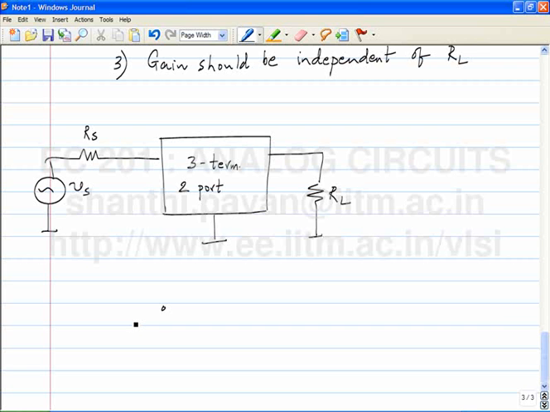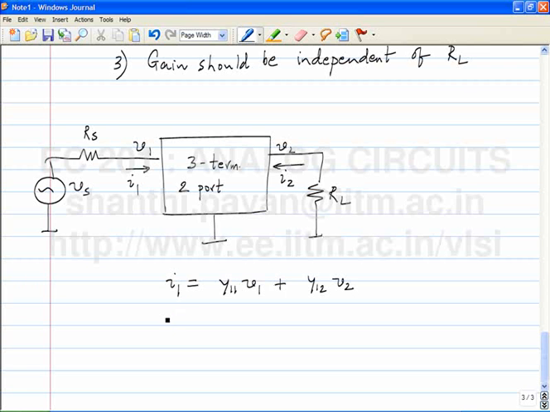Okay. So if I write, let me call this voltage V1, this is I1, this is V2, this is I2. So I1 must be equal to Y11 V1 plus Y12 V2.